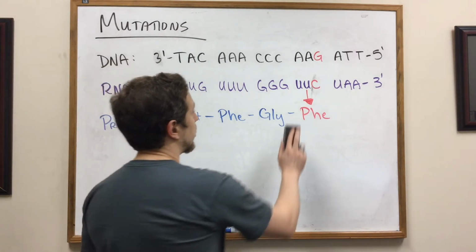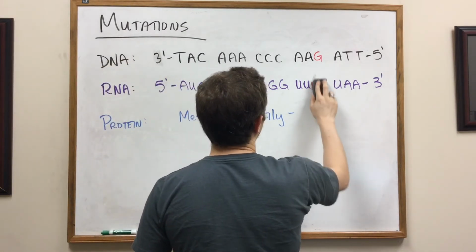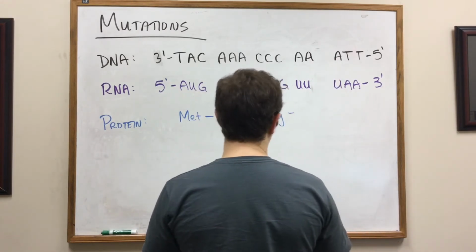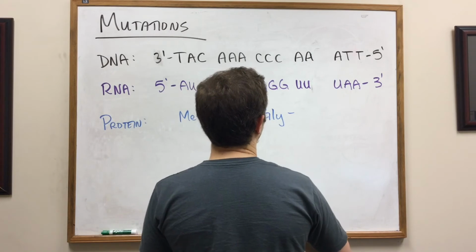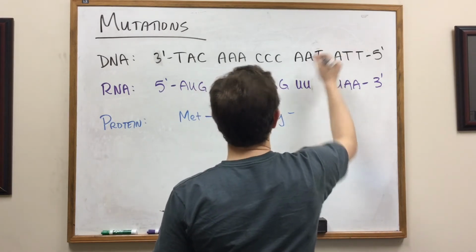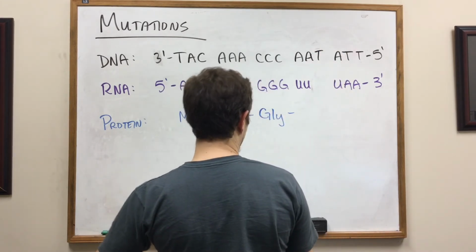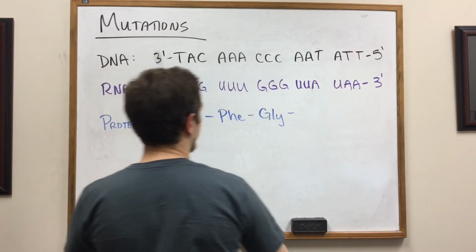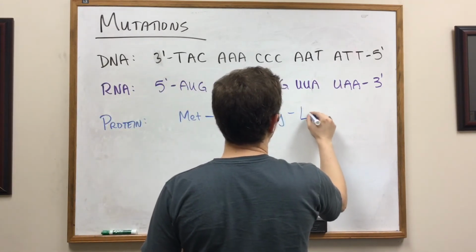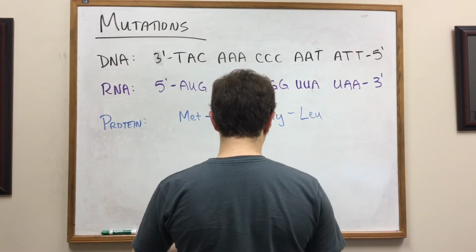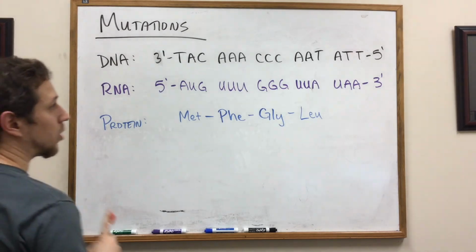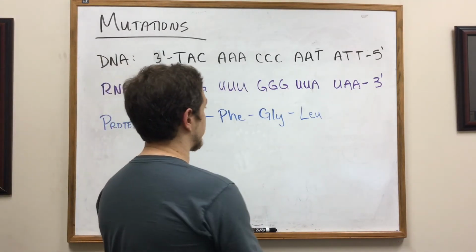So now, for the final one, let's see what happens with the final type of mutation. So again, I'm going to just fill this back in, and let's go ahead and do leucine. Okay, so the final type of mutation is commonly called a nonsense mutation.